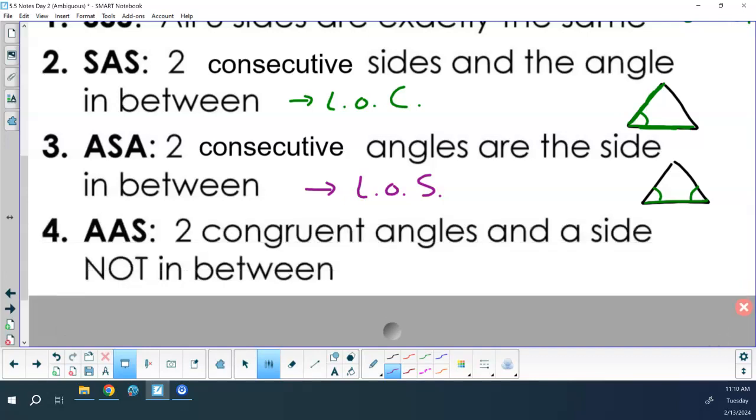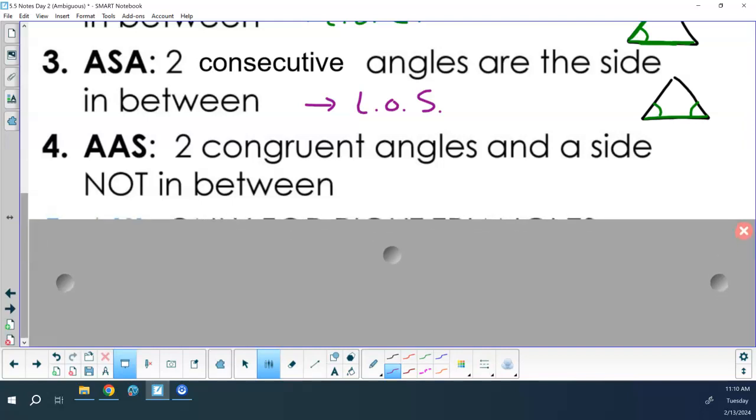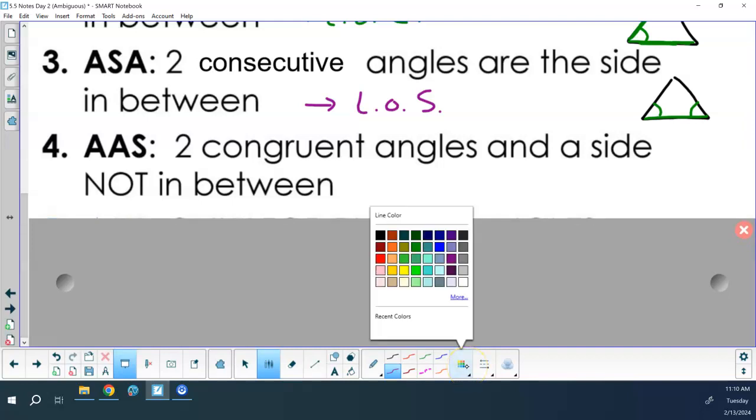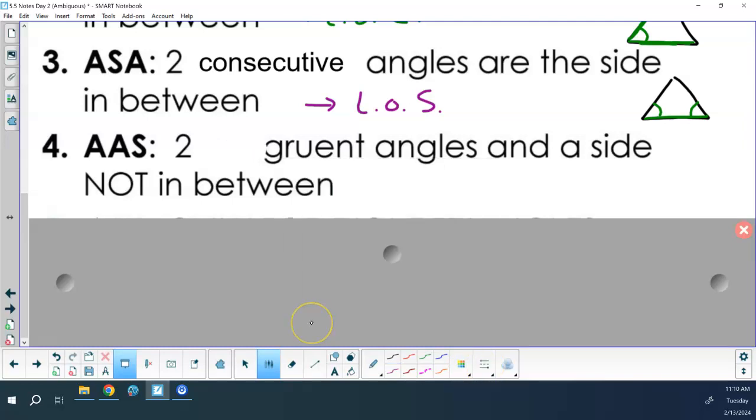Next one is angle side. Okay, so now here you're going to have two consecutive angles. I should have put two consecutive here.